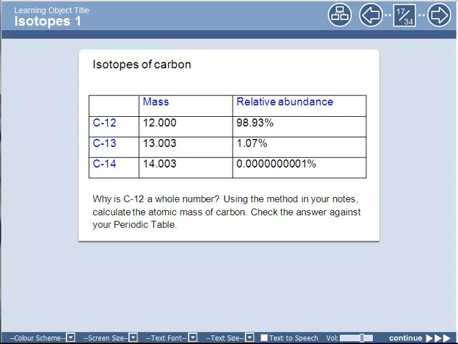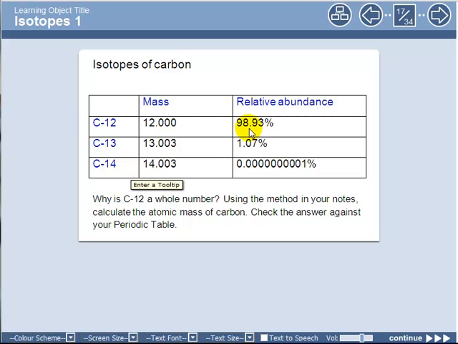Isotopes of carbon. Now we mentioned isotopes a little while back in the context of hydrogen, saying this is a hydrogen atom which has a different number of neutrons, therefore making a different isotope. It's still hydrogen because it's got a single proton in the nucleus and a single electron, so it has very similar chemical properties. This is carbon. Carbon has 3 isotopes.